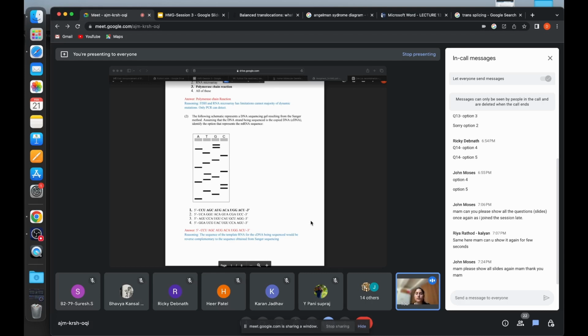When you perform the Sanger sequencing, you get the sequence in the 5' to 3' direction. So they are saying that particular sequence from 5' to 3' is the template strand, and then the cDNA will be reverse complementary to that sequence.